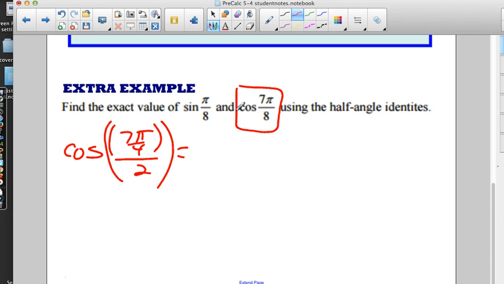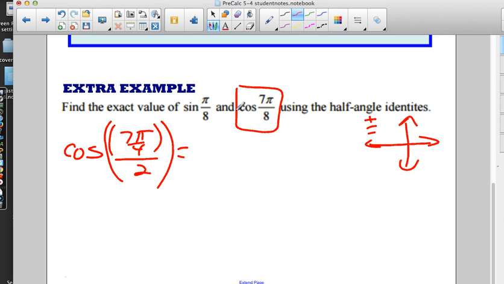And so what we do is we try to figure out what quadrant this is going to be in so that we'll know whether it should be positive or negative. Well, the good news is we actually know what the angle is. It's 7 pi over 8. So it's going to be in quadrant 2, and they want cosine. And in quadrant 2, cosine is negative.